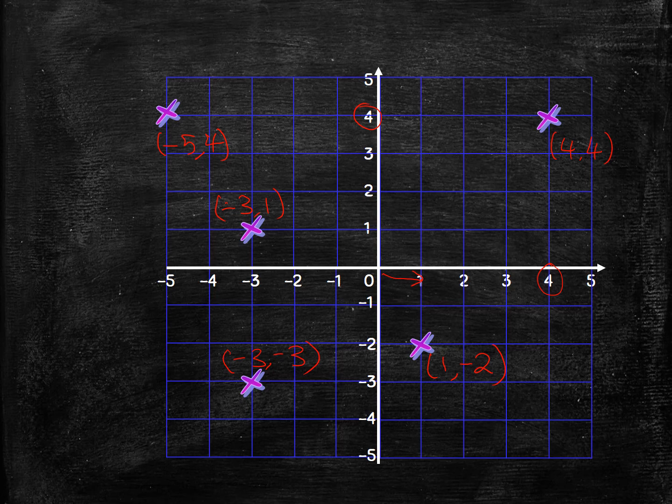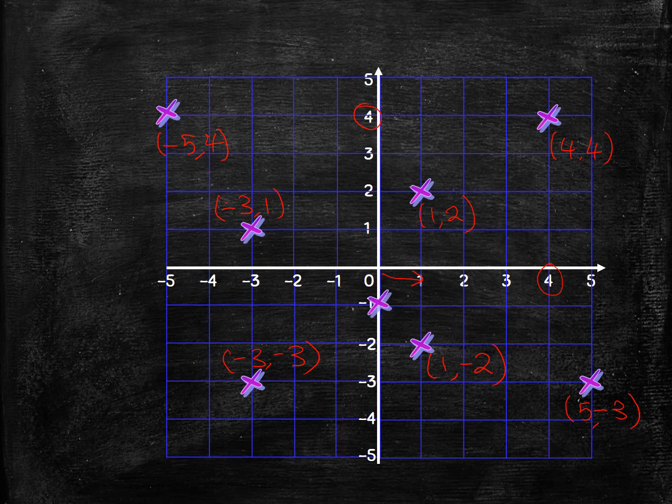Got a few more to do. So this one here, it's gone across to 1 and up to 2. This one, we've gone across to 5, but we've gone down to -3, so it's (5, -3).